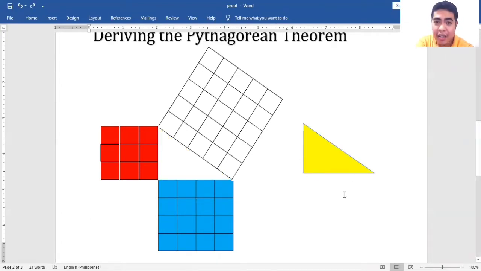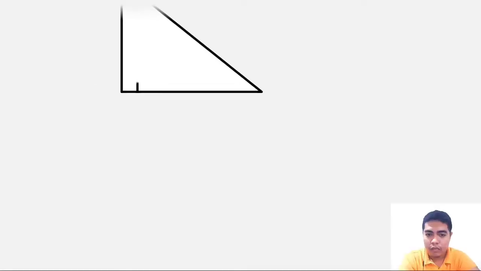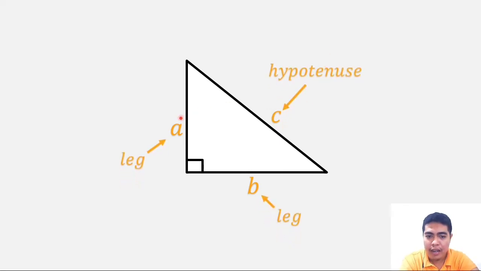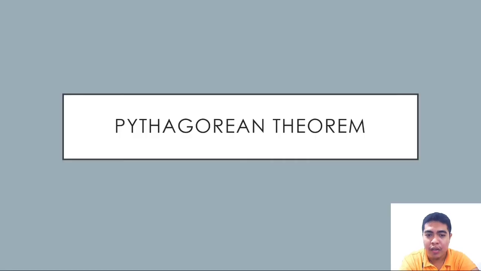Specifically, a right triangle. Therefore, the Pythagorean theorem concerns the right triangle, where C is the hypotenuse and A and B are the legs.